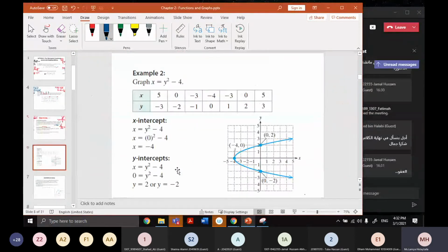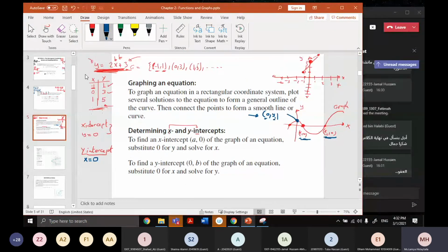Let's take some examples. Here, by the way, if I need the y-intercept, we have this equation. If I need the y-intercept, what am I going to do? I put the x value as 0, so y is equal to 3.